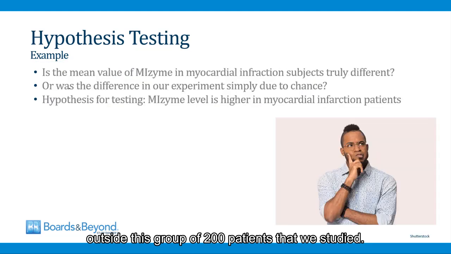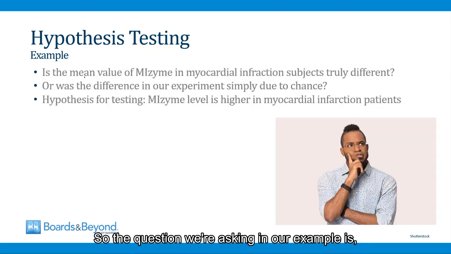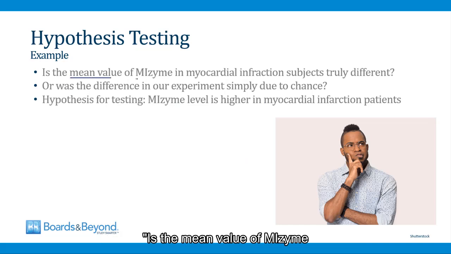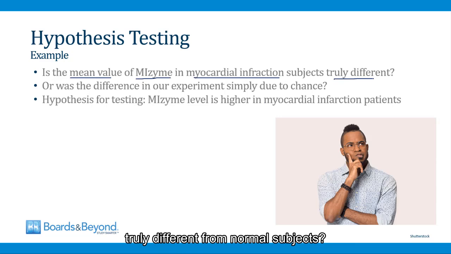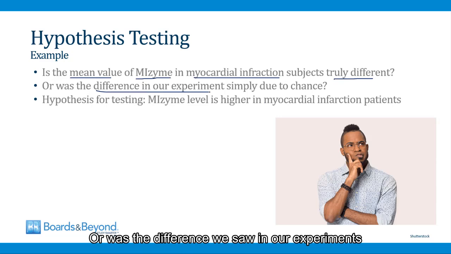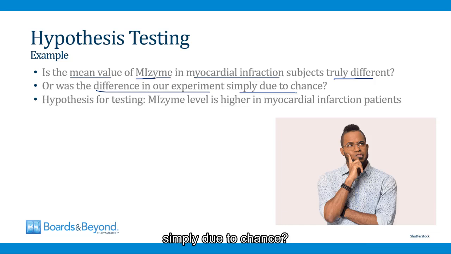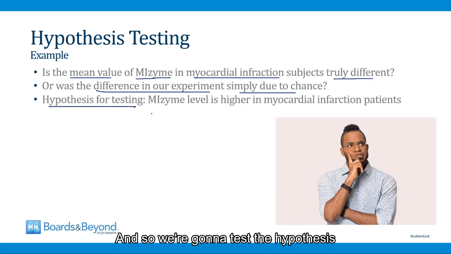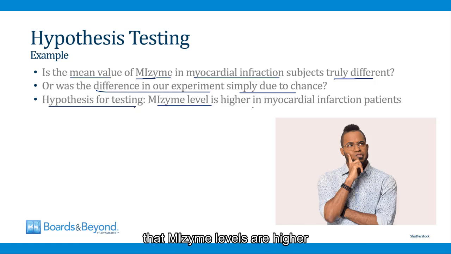So the question we're asking in our example is the mean value of MI-zyme in myocardial infarction subjects truly different from normal subjects, or was the difference we saw in our experiment simply due to chance? And so we're going to test the hypothesis that MI-zyme levels are higher in myocardial infarction patients.